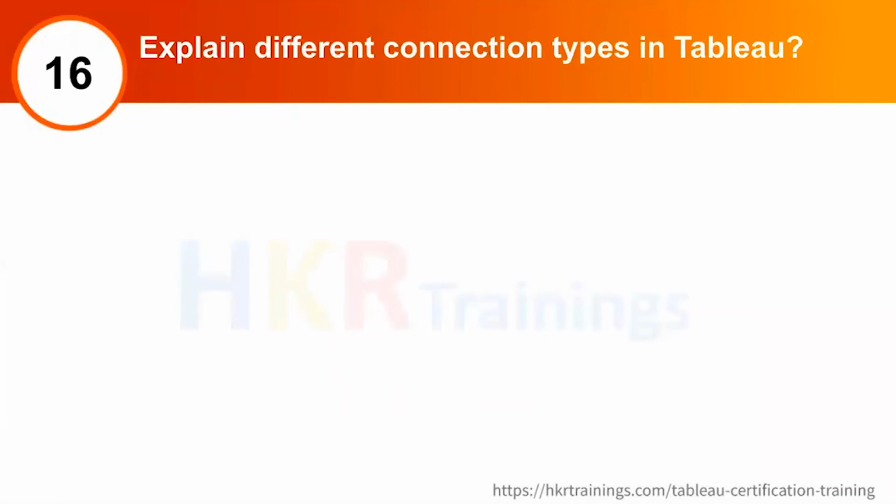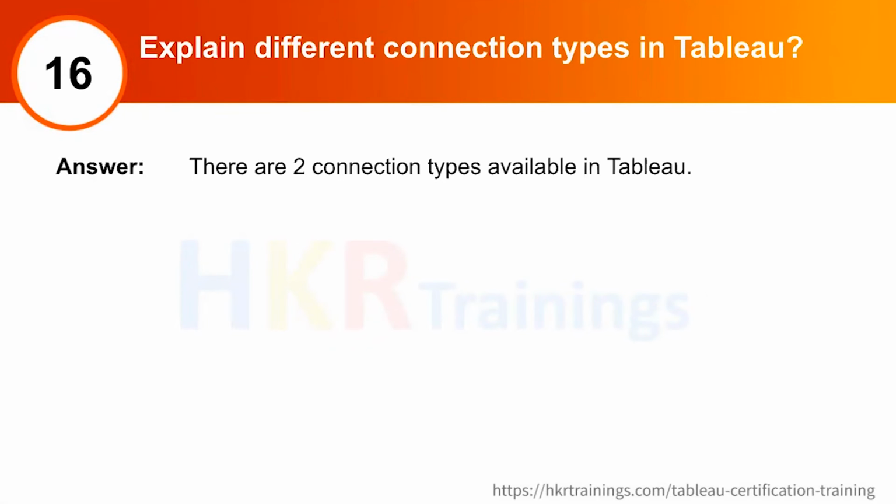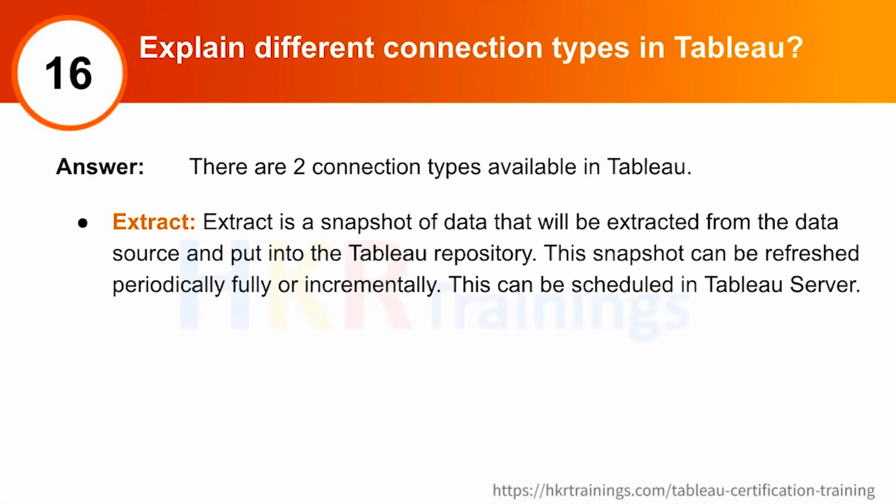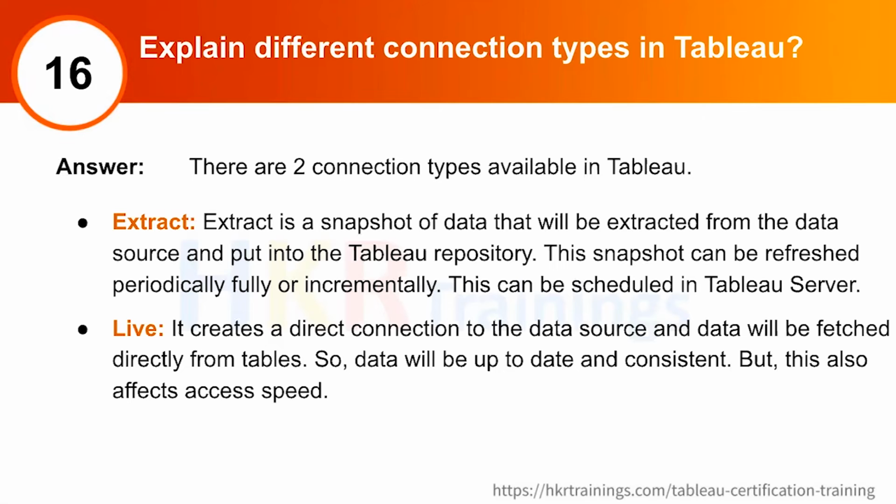Now, different connection types in Tableau. There are two types of connection. One is extract and one is live. This I explained in the initial phase, still I will try to explain again. Live connection is always directly connected with the DB. The speed of the dashboard is always dependent on the data source.